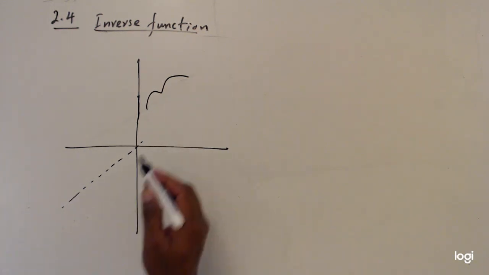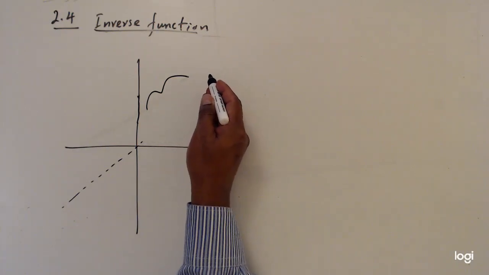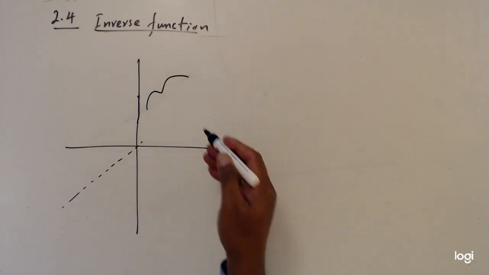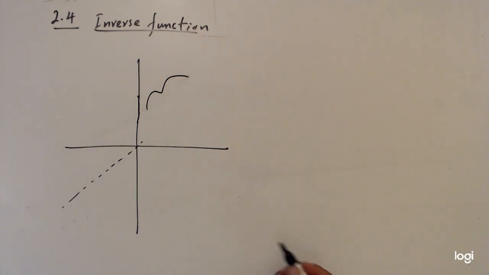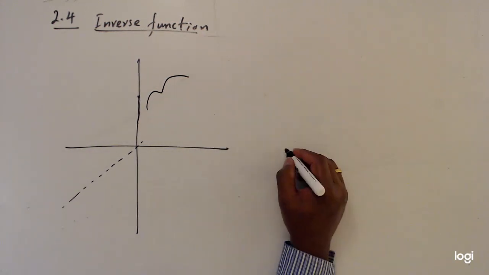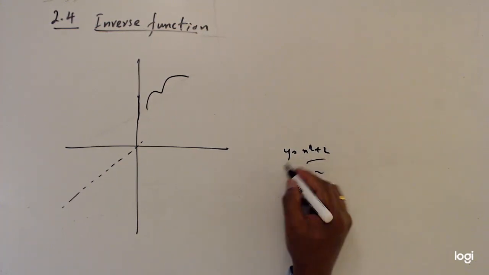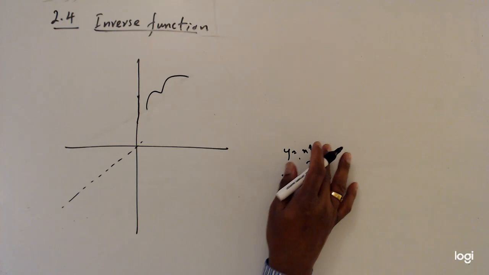If we have an algebraic expression or equation, we can write the inverse function. If we have y equals x squared plus 2, something like that, then we can make x the subject and find the inverse.